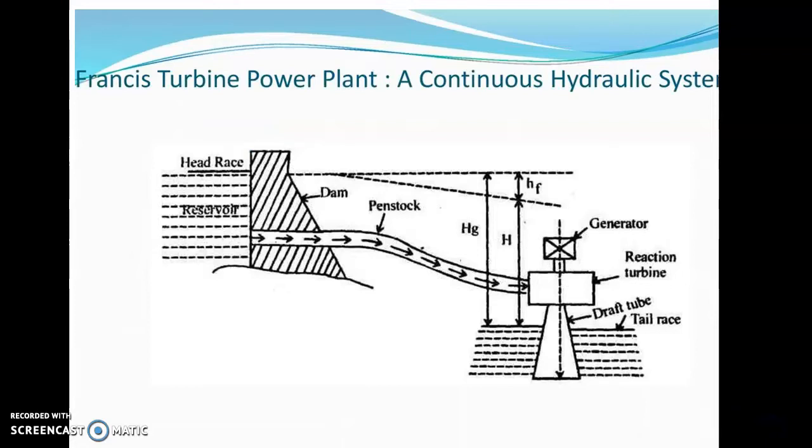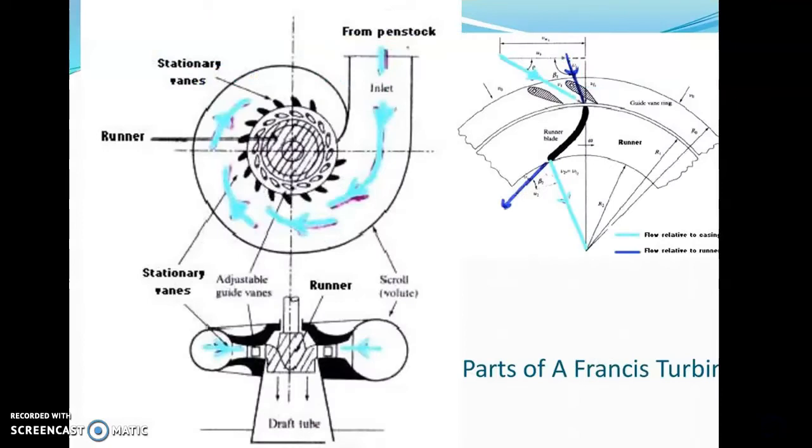So basically, the Francis turbine is a reaction turbine in which the working fluid comes to the turbine under immense pressure and energy, and the energy is extracted by the turbine blades from the working fluid. Part of the energy is given up by the fluid because of the pressure changes occurring in the blades of the turbine, while the remaining part is extracted by the volute casing of the turbine.